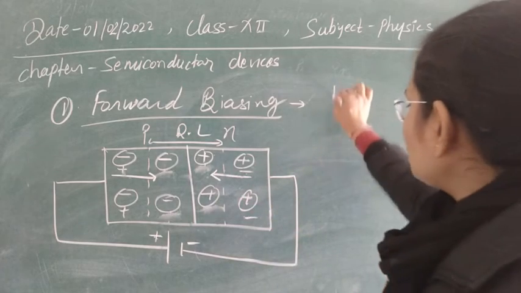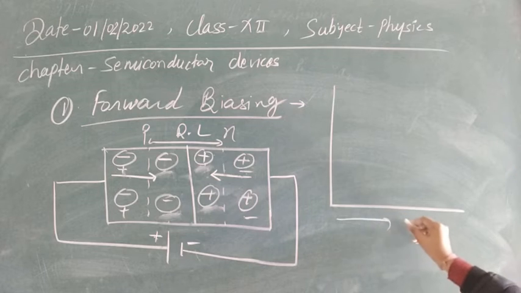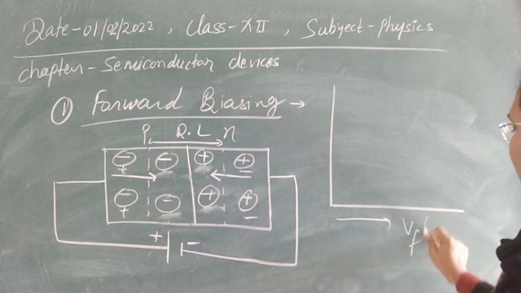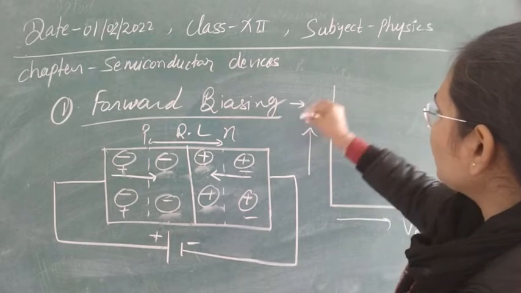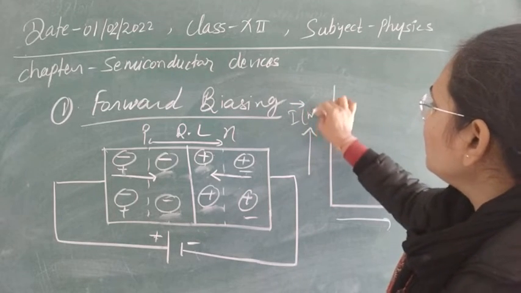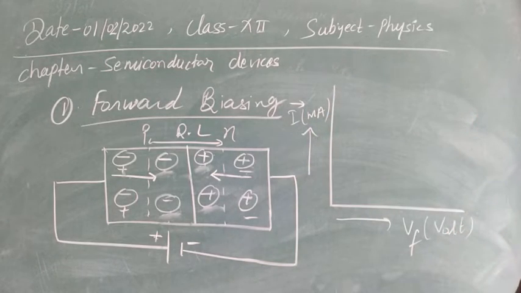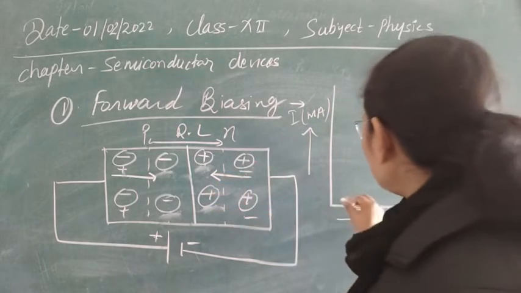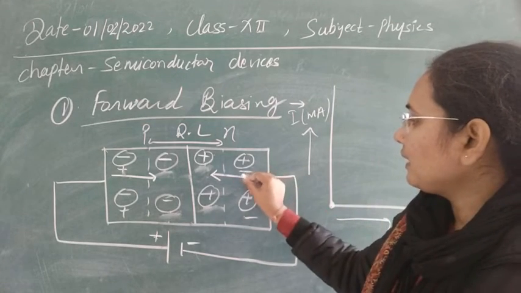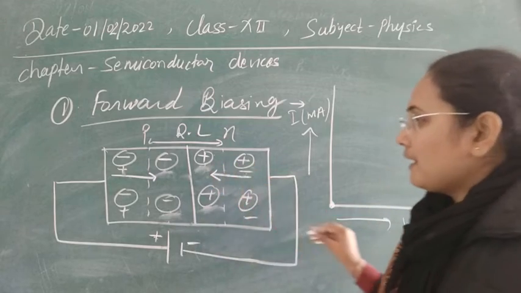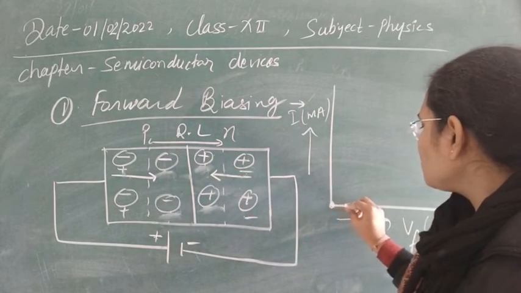And now we will make the graph for this. On this axis we take the forward potential in volts, and on the other axis the current obtained, in the order of milliamperes. When voltage starts to be applied, initially electrons are taking energy to overcome this barrier. Only some of the electrons can cross, and for some points we can even get zero current.